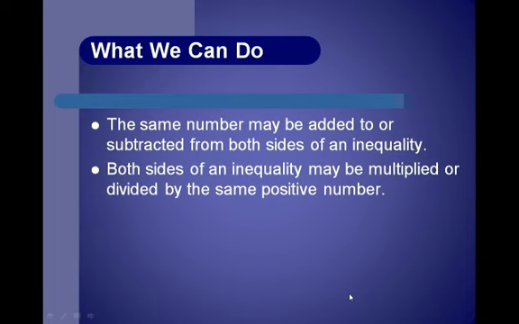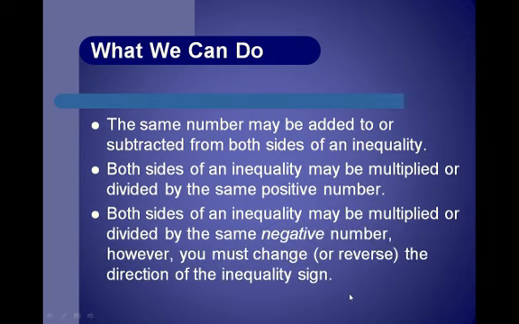Both sides of an inequality may be multiplied or divided by the same positive number. Both sides may be multiplied or divided by the same negative number. However, and this is the catch, you must change the direction of the inequality sign.